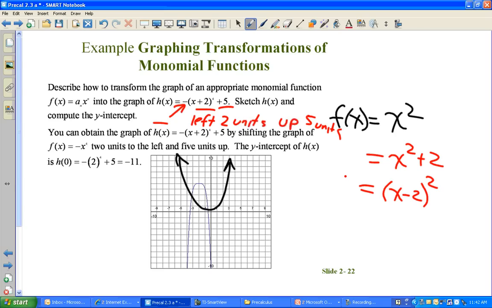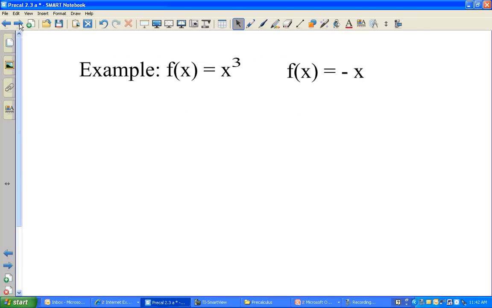And as a result, you're left 2, up 5, but flipped upside down because of the minus sign. So left 2 units, up 5, but rather than going up, it goes down. And that is a case of a polynomial. What we're going to be talking about today, though, is when it's just a simple translation, but what happens when you combine multiple polynomials.